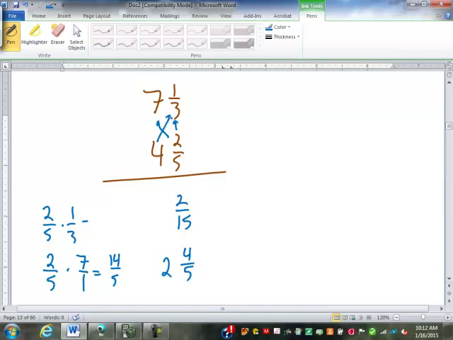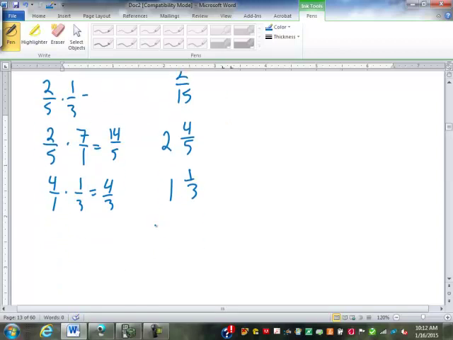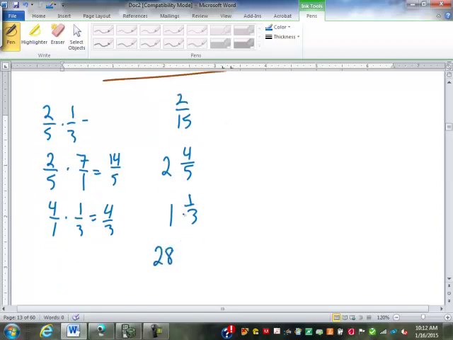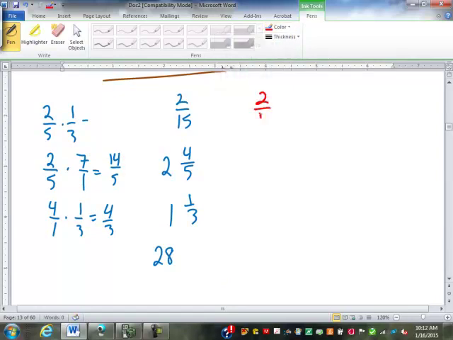Now we have to do the 4 times 1/3. So 4 over 1 times 1 over 3 is 4/3, or 1 1/3. And 4 times 7, which is just 28. Now we need common denominators. It looks like it's going to be 15, so it's going to stay 15ths. This will be 12/15ths, and this will be 5/15ths.